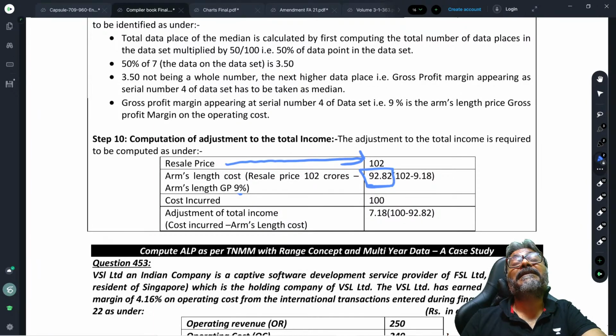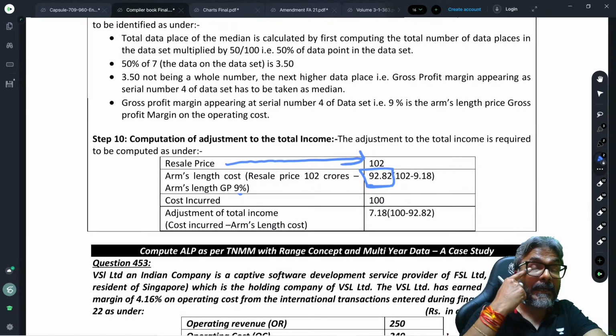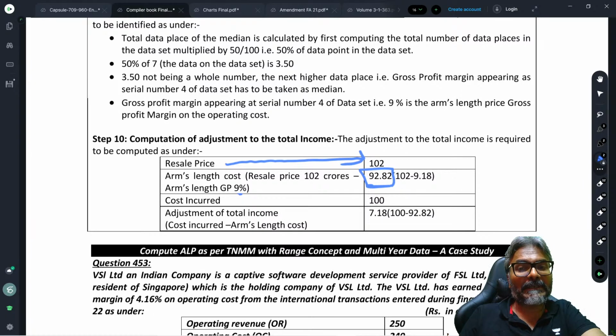As against this, how much is your actual purchase price, students? You can see over here, your actual purchase price is 100.